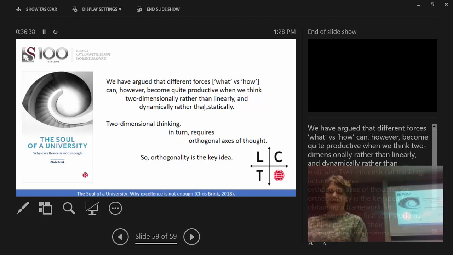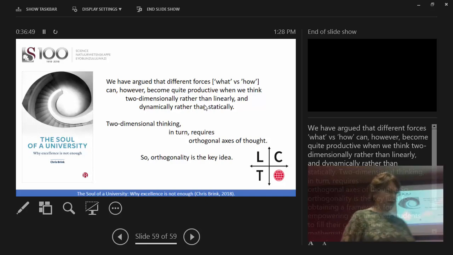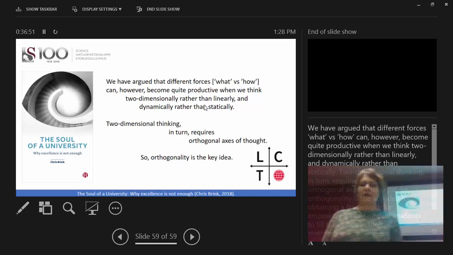So how can I bring this more into what I've done today? For this, I've taken inspiration from the book The Soul of a University: Why Excellence is Not Enough. I argue that we're being challenged to achieve excellence with purpose, and for this, orthogonality is going to be key. With regards to excellence, we might ask, what is a mathematics module or graduate good at?